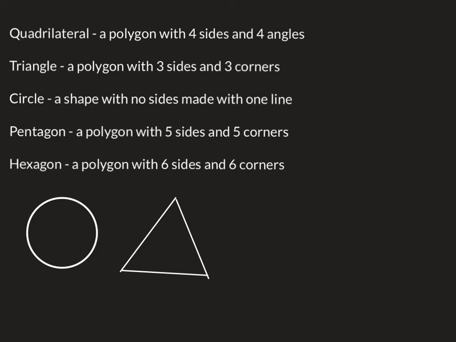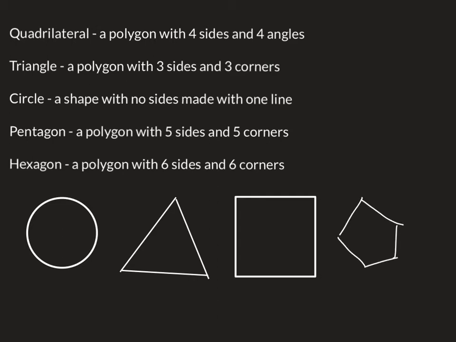That's what makes a triangle unique. After triangles, we learned about squares and other quadrilaterals. Quadrilaterals have 4 sides, 1, 2, 3, 4, and 1, 2, 3, 4 angles. And then we have pentagons, which have 5 sides and 5 angles. And last but not least, the hexagon, which has 6 sides and 6 angles.